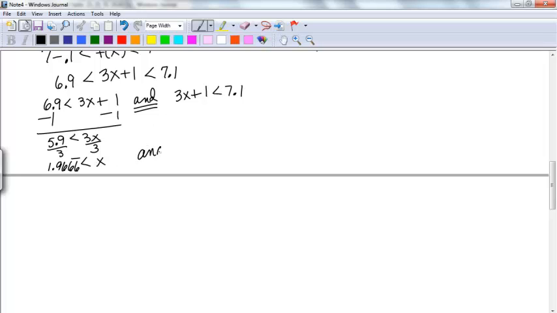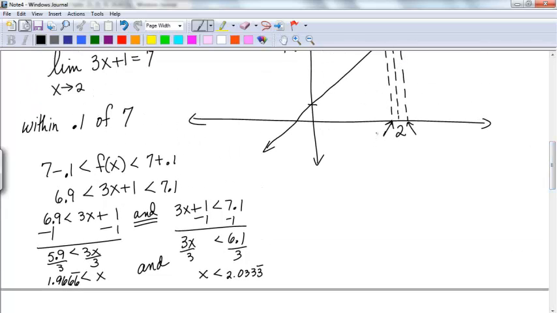And then subtract 1. We'd have 3x is less than 6.1. Divide by 3, and x is less than 2.0333 repeating.